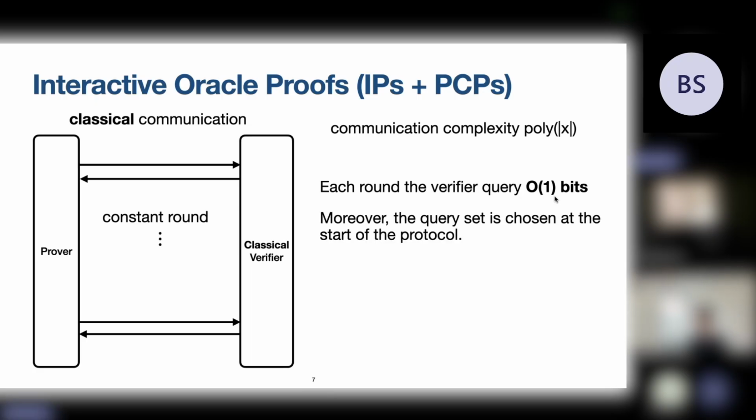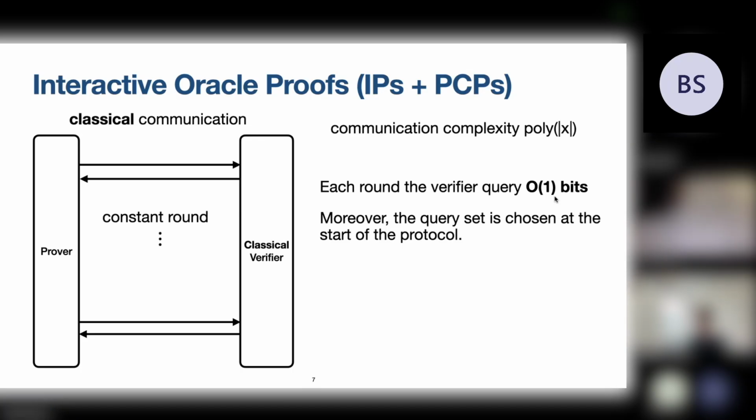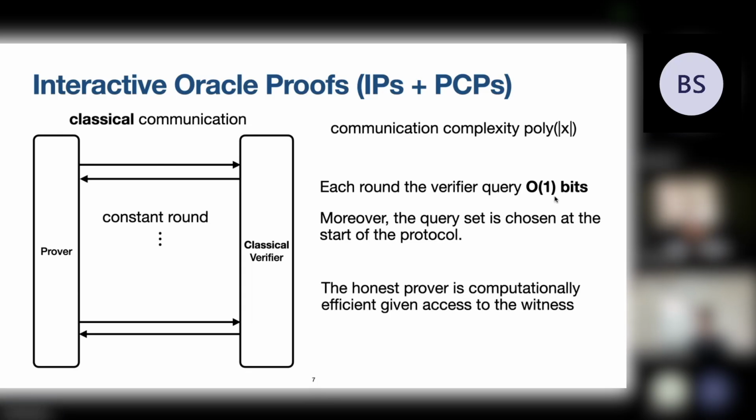Moreover, the query set is chosen at the beginning of the protocol. This is just to make the whole protocol non-adaptive, so even the query set at each round is chosen in the beginning. And the honest prover is efficient and decides whether X is in an NP language or not.